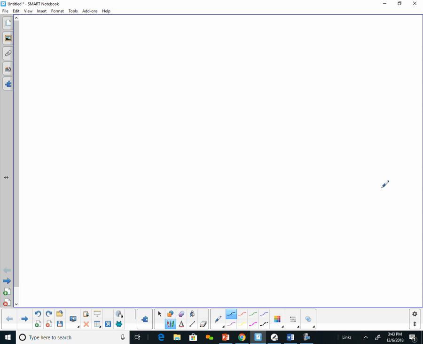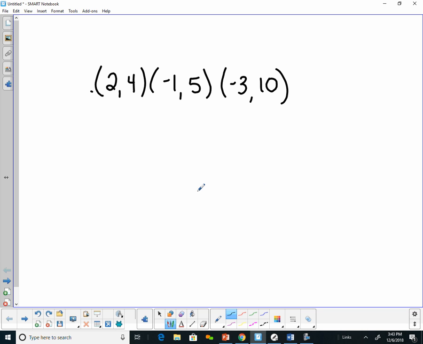All right, quick review. If we have a relation, which is a set of ordered pairs, and I ask you to list the domain and the range. Now remember, your domain is your x values, which is also your independent variables.